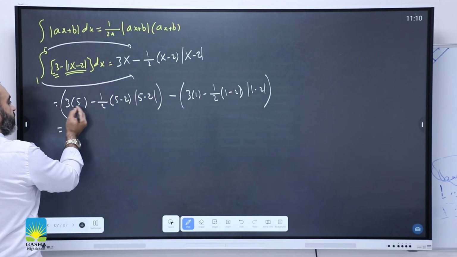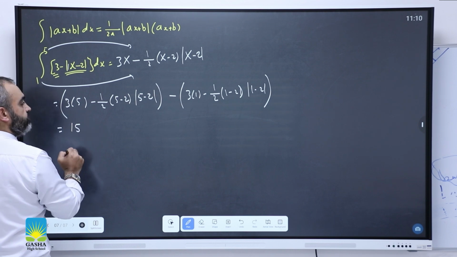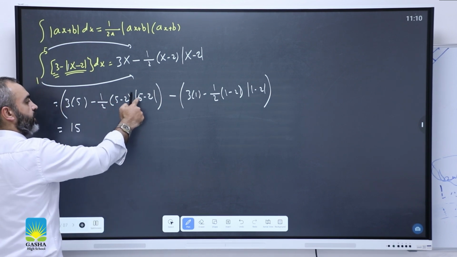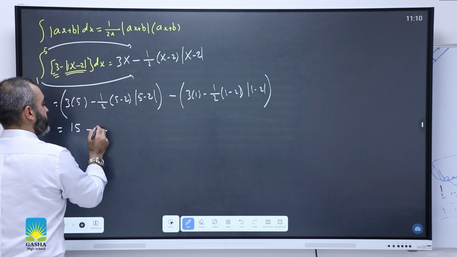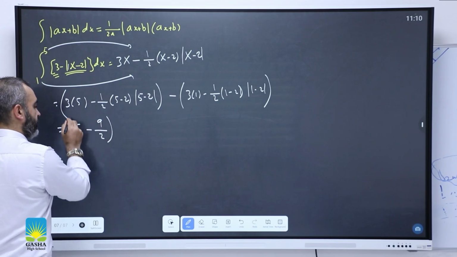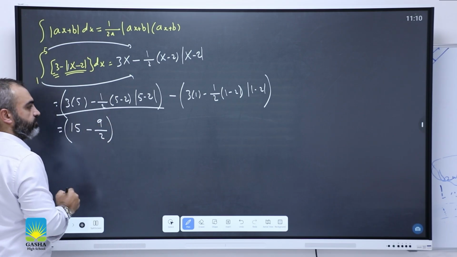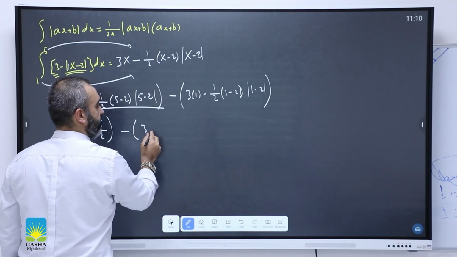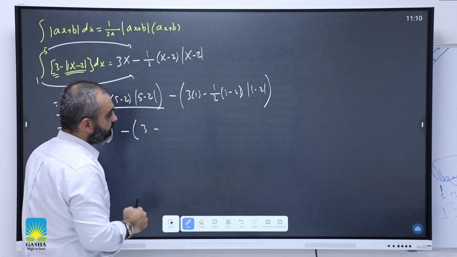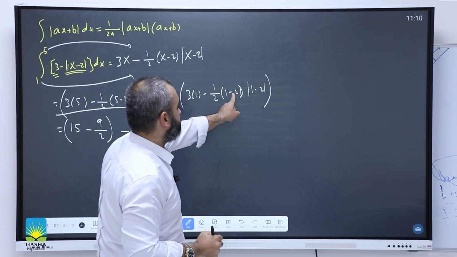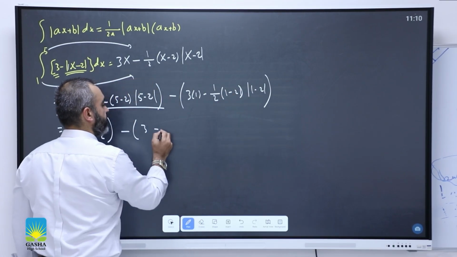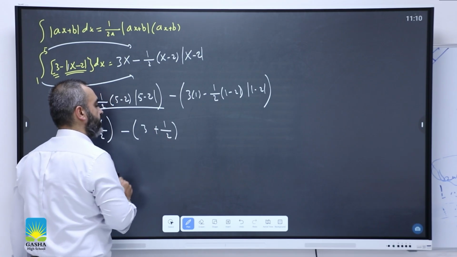Sorry. 3 times 5 is 15. What about 5 minus 2? It's 3 times 3, 9, so 9 over 2. Minus 3 times 1, it's 3. Minus, 1 minus 2 is negative 1. So negative 1 times negative 1 is positive 1 half.